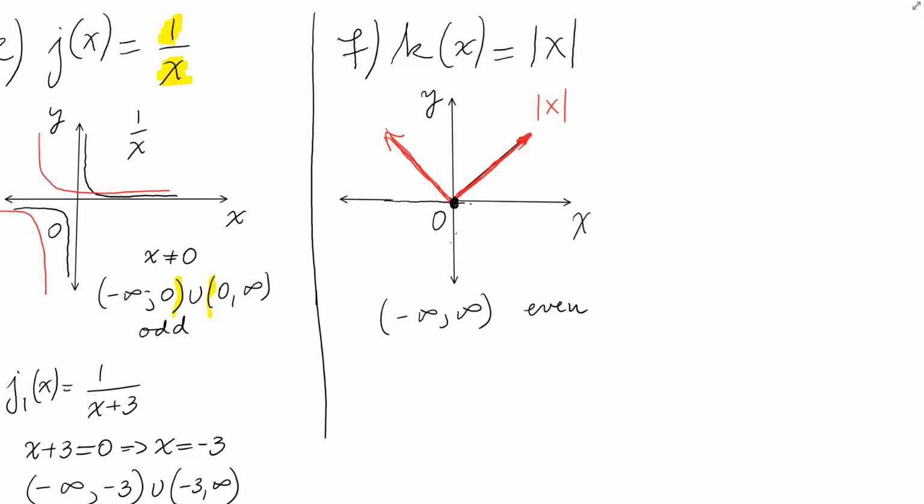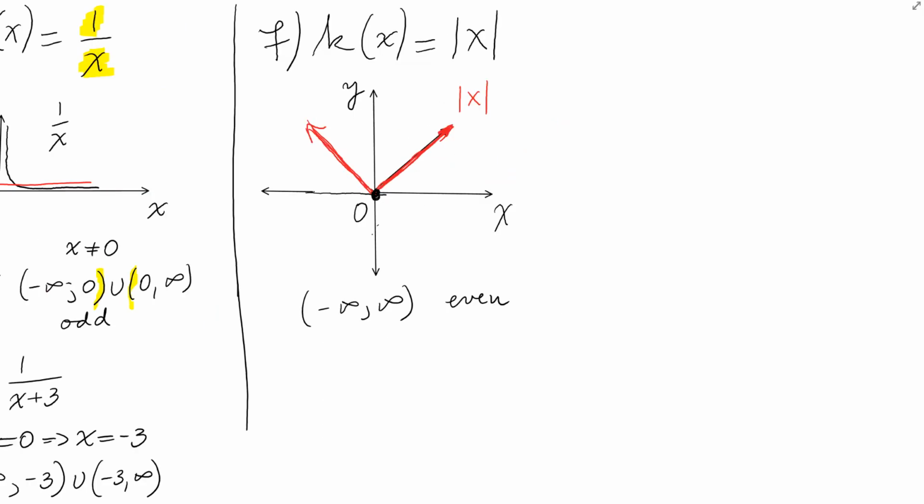And if we have k sub 1 of x equals the absolute value of x minus 2, we would have to shift it 2 units and get this function as our transformation. Now, would that change anything in the domain? No, it will not. Well, there is a lot that can be said about functions, but we'll stick just to these ones for now.